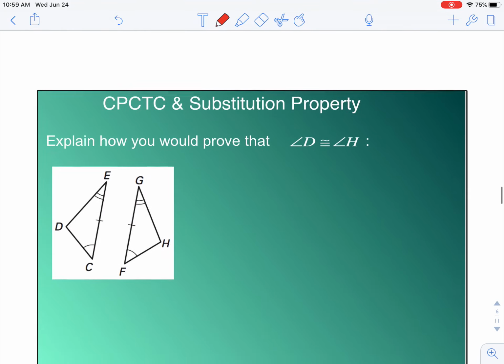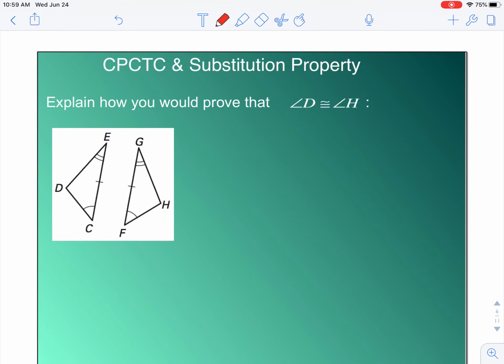So, explain how you would prove that angle D is congruent to angle H. Well, really, we could just say by the third angles theorem.